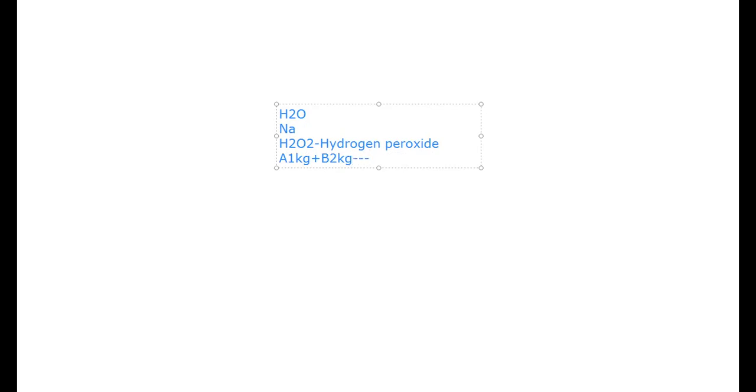What are we getting here? We are getting a resultant product as C, which will be 3 kg. So the mass will not change. Mass can neither be created nor destroyed in a chemical reaction.